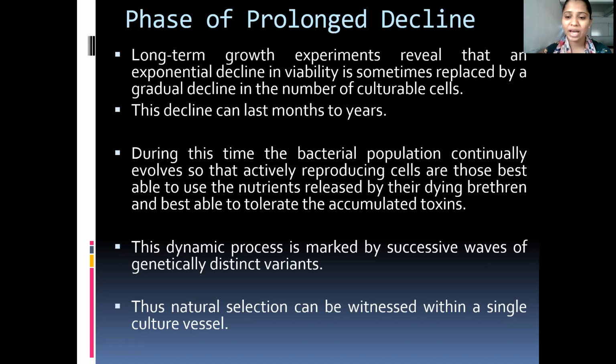During this time the bacterial population continually evolves, so that actively reproducing cells are those best able to use nutrients released by the dying cells and best able to tolerate the accumulated toxins. The dynamic process is marked by senescence with genetically distinct variants. Thus, natural selection can be observed within a single culture vessel.